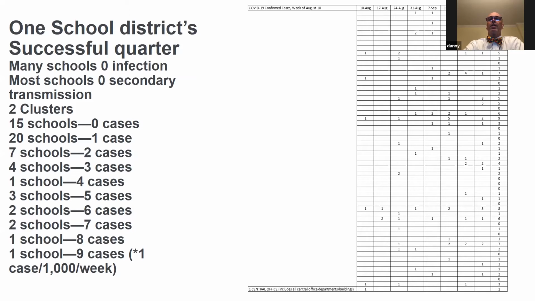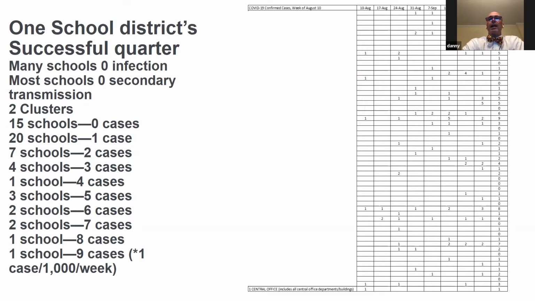There were 15 of those. Most schools had 0 secondary transmission at all. You see another 20 schools there had 1 case. Several of these schools that had 2 or 3 cases, the cases were separated by weeks apart or were otherwise not linked epidemiologically. You did have a handful of schools that had 5 or more cases throughout the quarter.